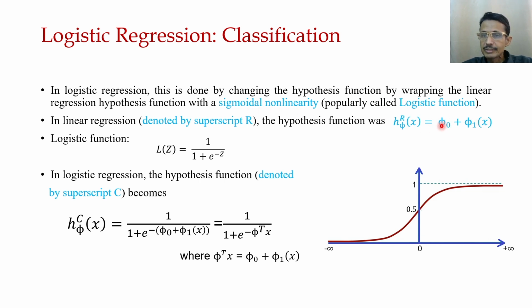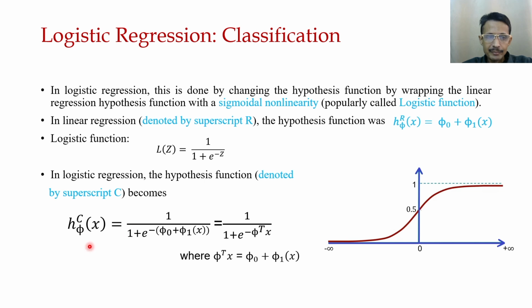We wrap this function with a sigmoidal nonlinearity, sometimes called the logistic function. It looks like g of z is equal to 1 by 1 plus e to the power minus z. This is the logistic function. Now what is this z? It is basically our linear regression function.